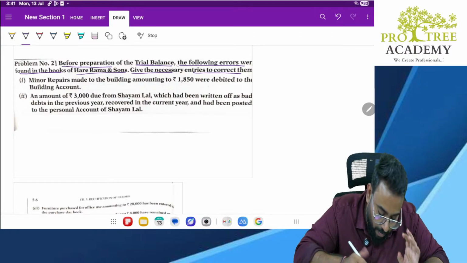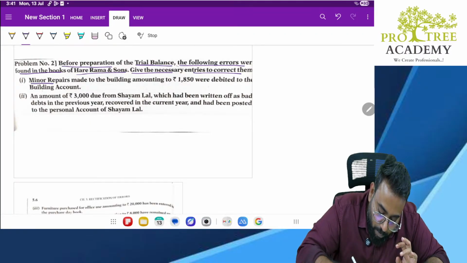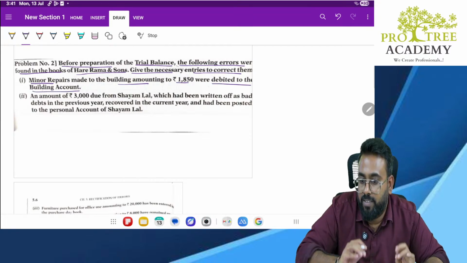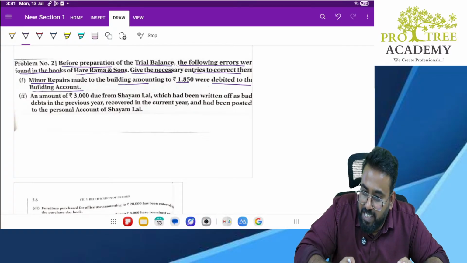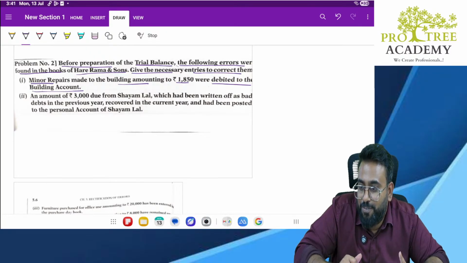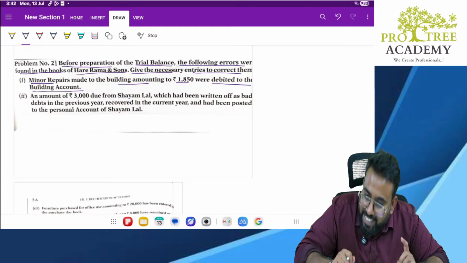Minor repairs made to the building amounting to 1,850 were debited to the building account. When you make minor repairs, what is the journal entry? When you incur repair, is it an expenditure? Which expenditure? Capital or revenue? Revenue expenditure.